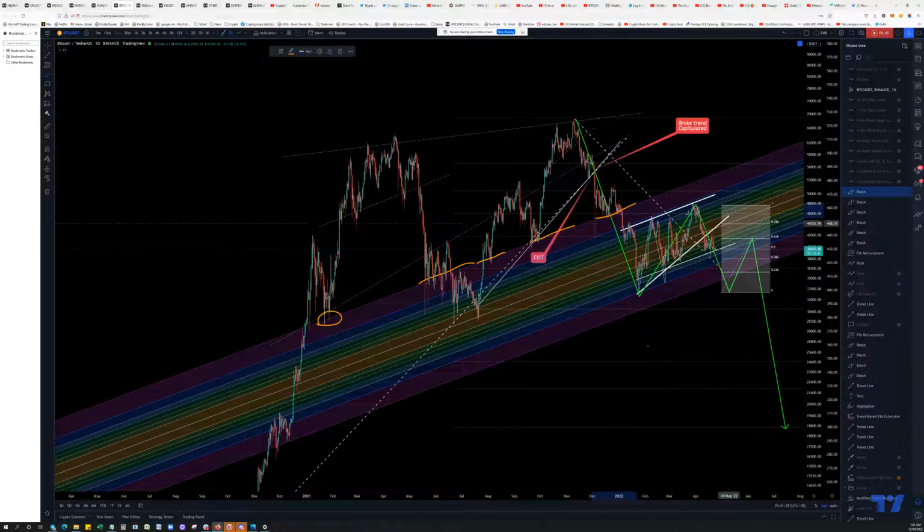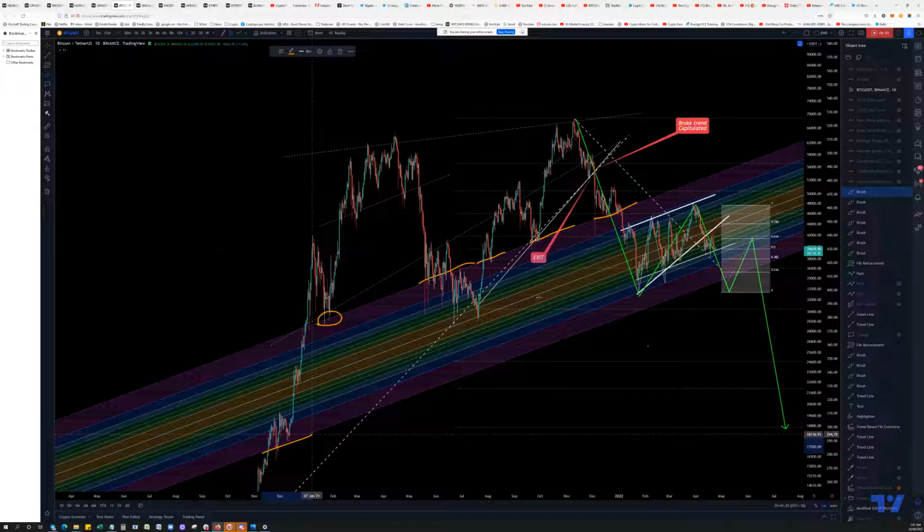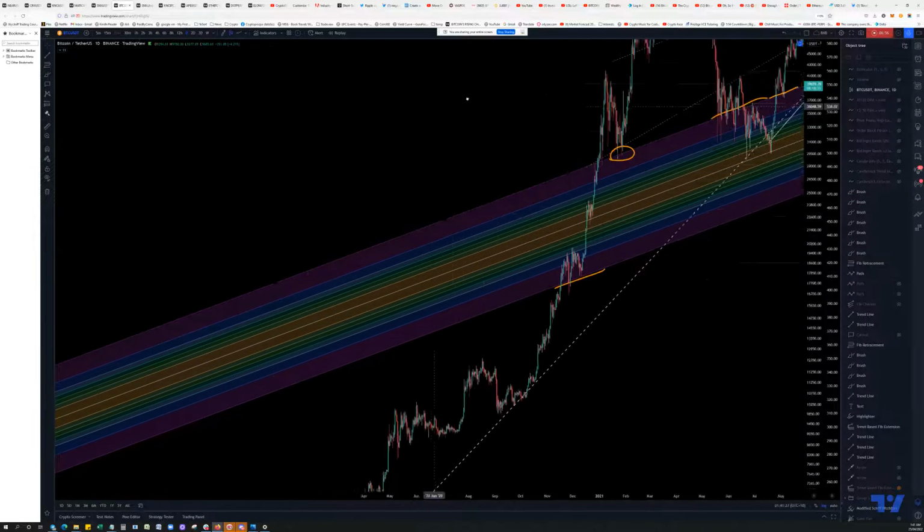So this channel is making sense to me, and even down here. I just did this and I saw some confluence. So now I'm going to show you the confluence all the way back.